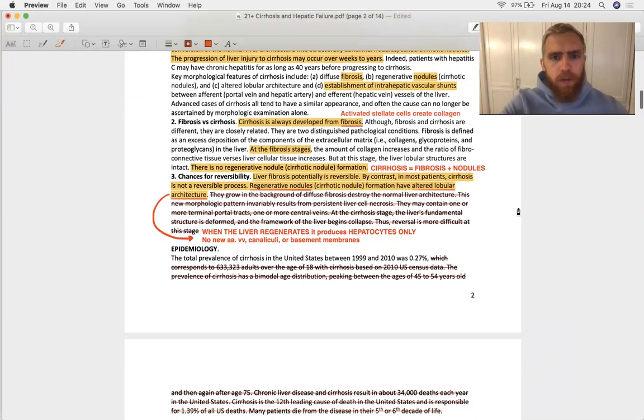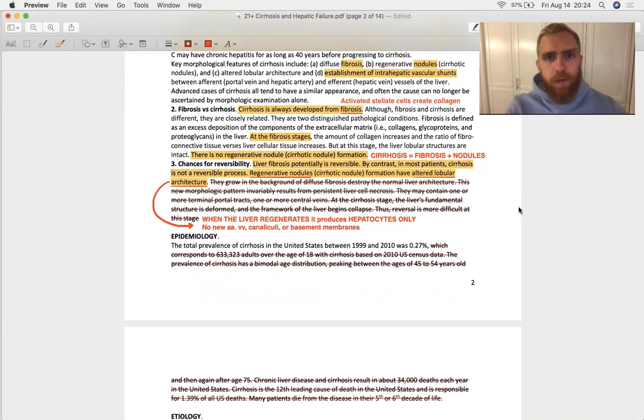From the top once more, cirrhosis is always developed from fibrosis. And fibrosis alone is not cirrhosis, because cirrhosis, again, is characterized by these nodules of regenerated hepatocytes. And you're not going to see any portal triads in these nodules. You're not going to see any central veins really in these cirrhotic nodules.